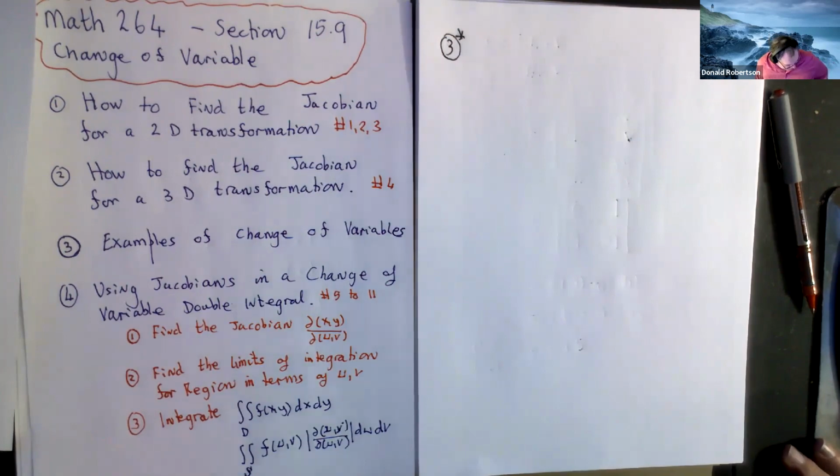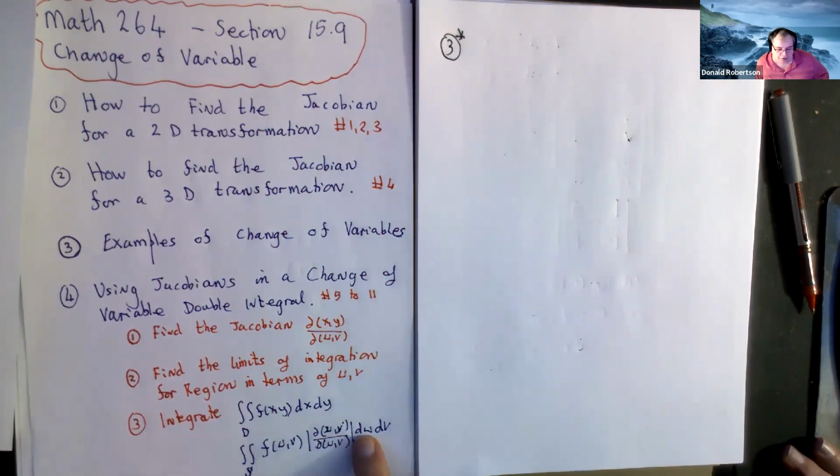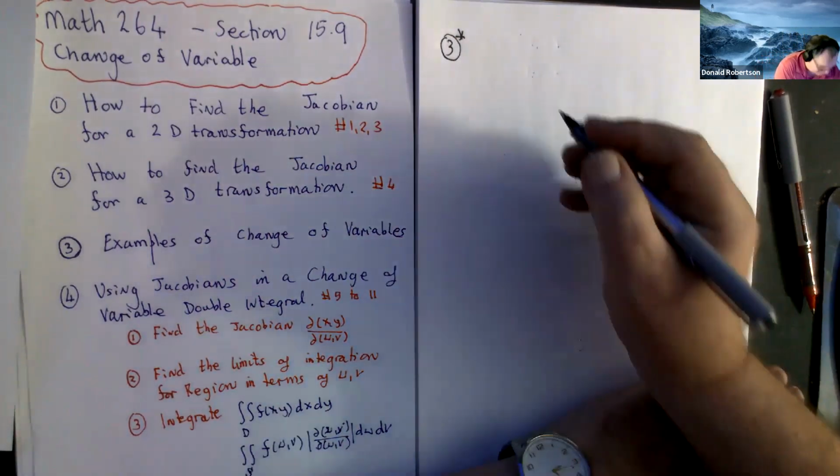The reason why we need it comes from later on down here, where when you want to do a change in variable, you convert everybody from x and y into u and v, very similar to what you would do in Calc 2, but you add in this extra little guy, the Jacobian du dv. It's a bit like a correction factor to the area. And so this is why we're doing it. It's part of the puzzle. It's part of what we need in the change in variable process.